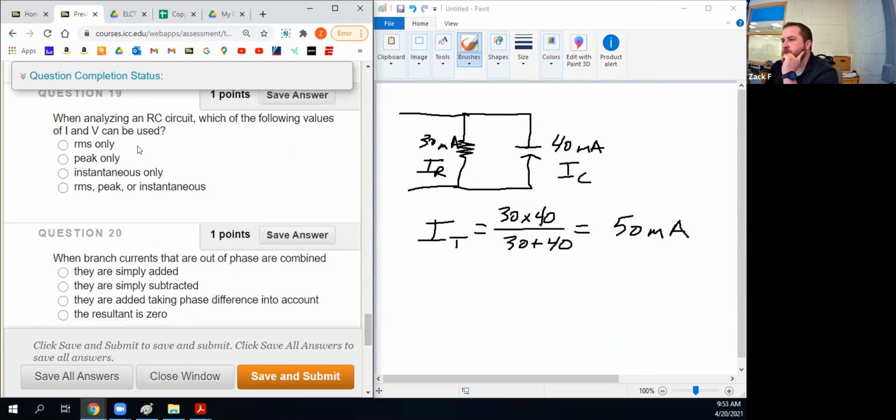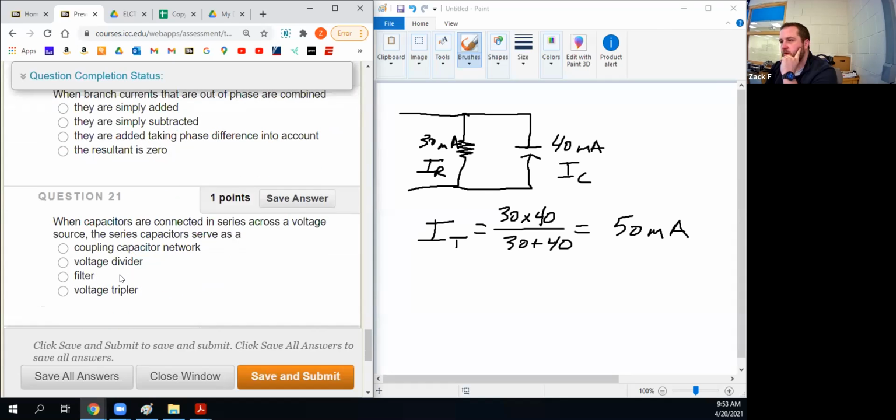When analyzing an RC circuit, which of the following values of I and V can be used? All 3. Yep. It's a dumb question.